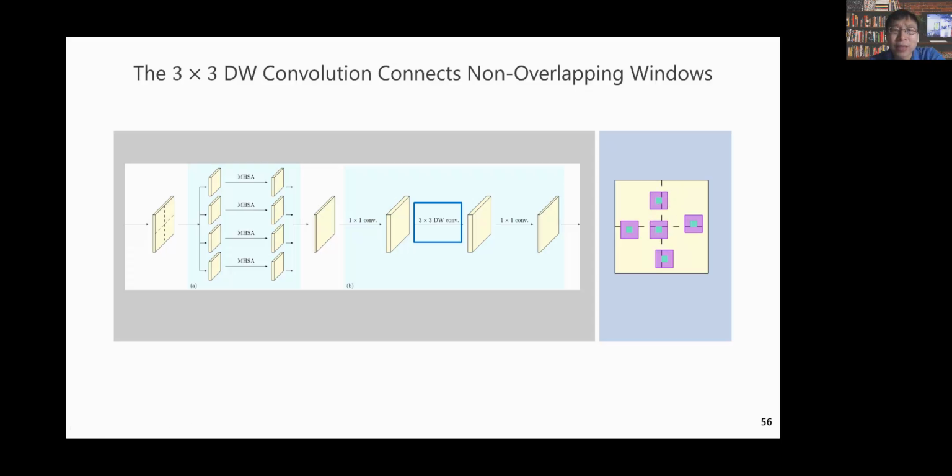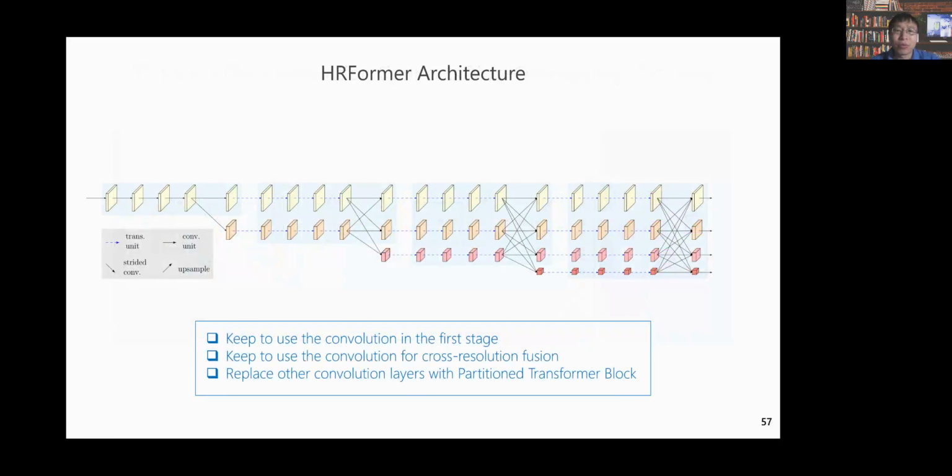So for the architecture design, we simply modify the HRNet architecture. We keep using the convolution for the first stage.